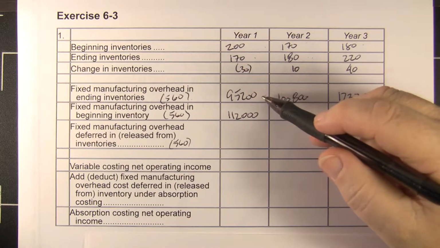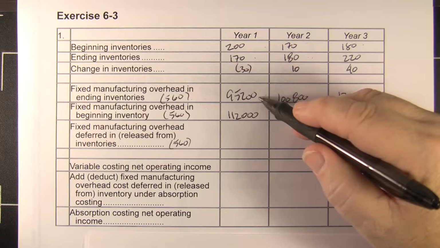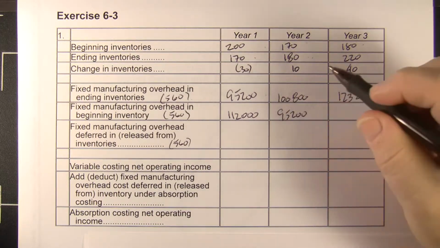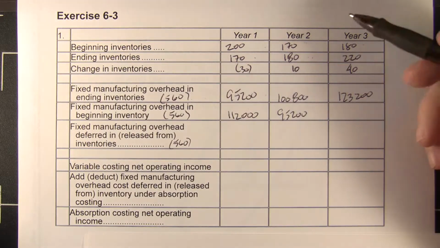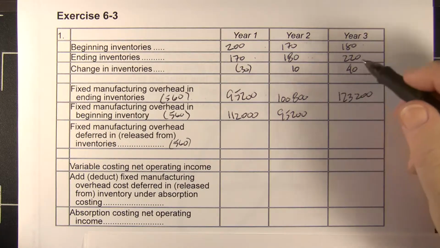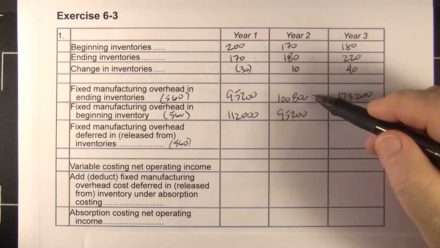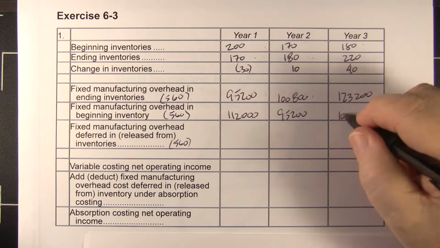And we already have these numbers. The beginning inventory for year two is 170 units at 560 each. And for year three, the ending inventory from last year is the beginning inventory for this year.